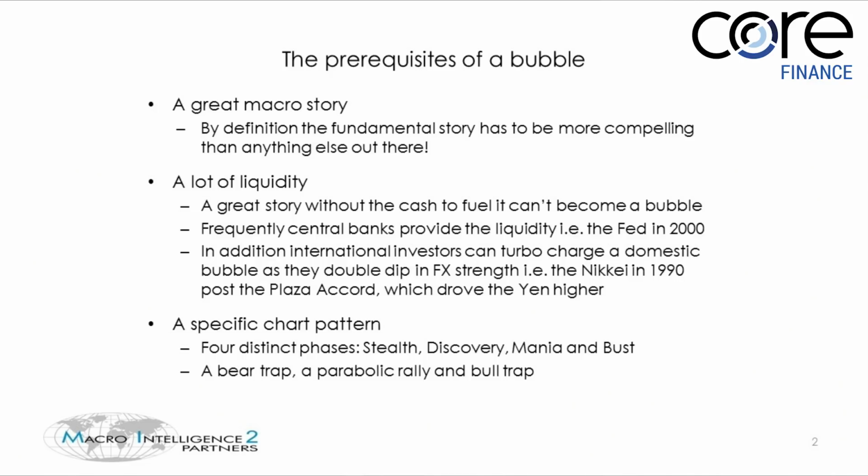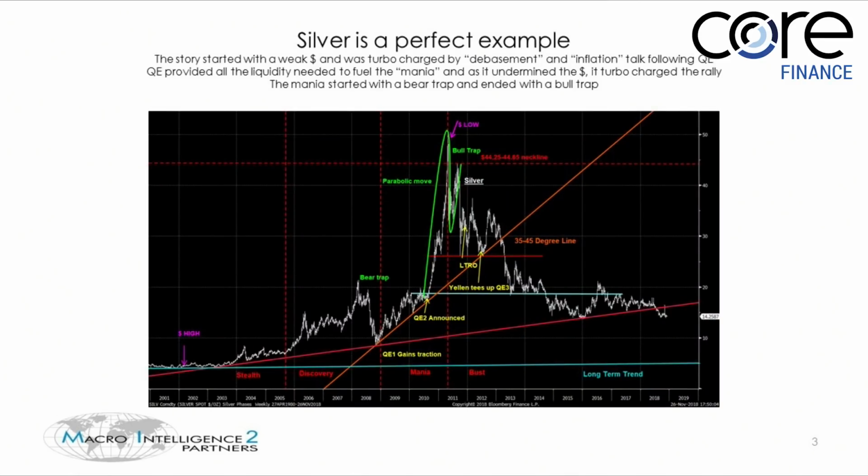And then finally, you need a very, very defined chart pattern, which almost every single bubble from 1929 onwards has followed. To illustrate that, here is an absolutely picture-perfect classic example, and it's silver into its highs of 2011.